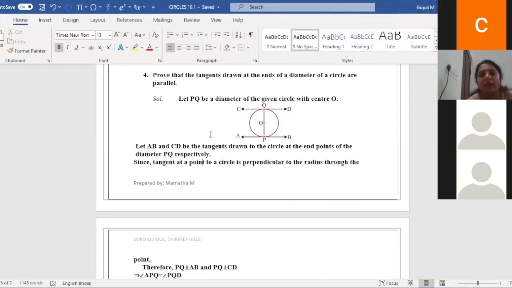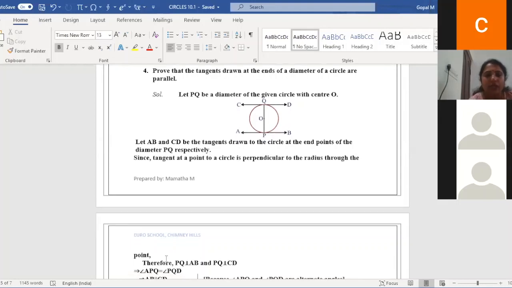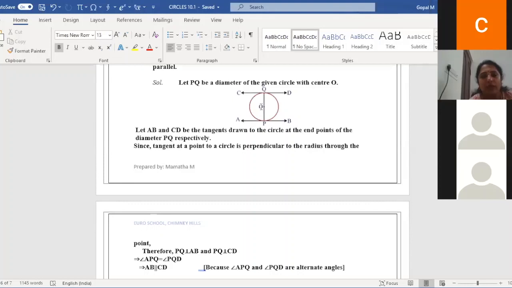Here, let PQ be a diameter of this given circle with center O. Let AB and CD be the tangents drawn to the circle at the end points of the diameter PQ respectively. Since the tangent at a point of the circle is perpendicular to the radius through the point, therefore PQ is perpendicular to AB.